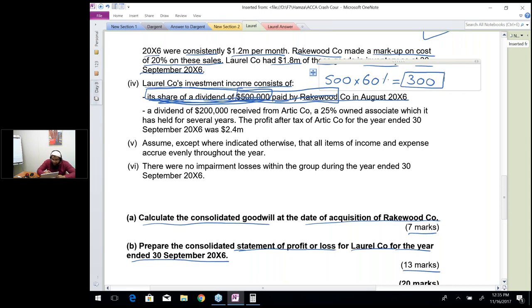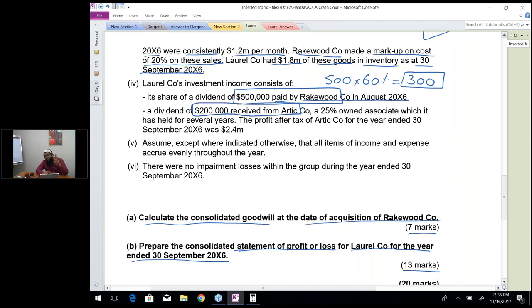Similarly, if you see the next statement, a dividend of 200,000 received from Arctic company. Over here the question mentions 500,000 paid by Rackwood, and 200,000 received from Arctic.